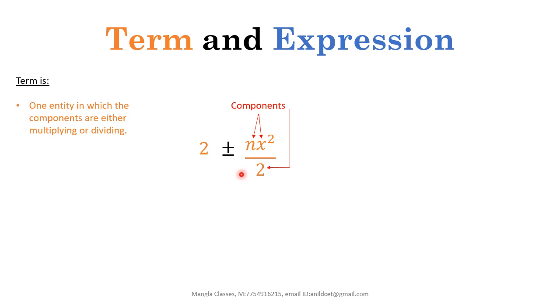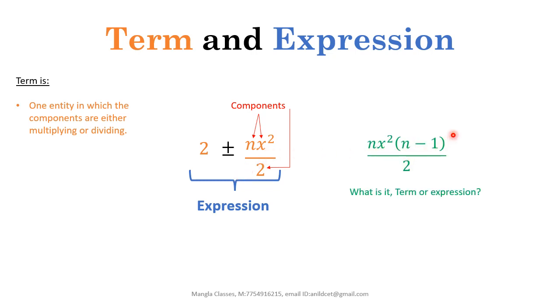Now they are two terms of one expression. So an expression is obtained when different terms are either added or subtracted with each other. A term is obtained when the various small components are multiplying or dividing with each other.